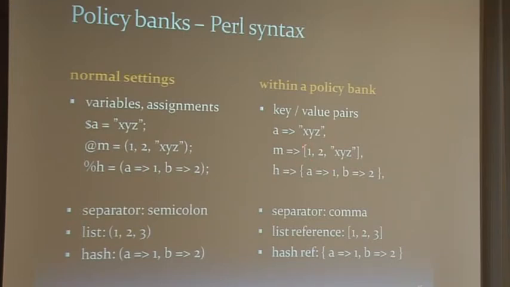And instead of lists, one has to use list reference. In syntax, this means that instead of parentheses, you use brackets, and in the case of a hash, you use braces.